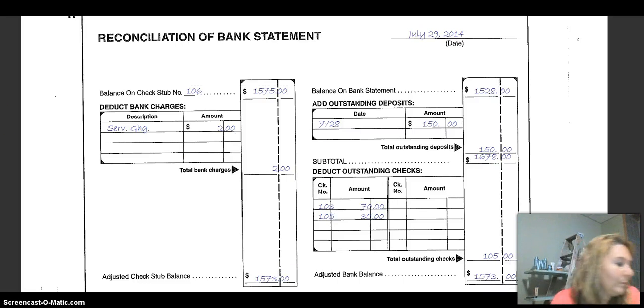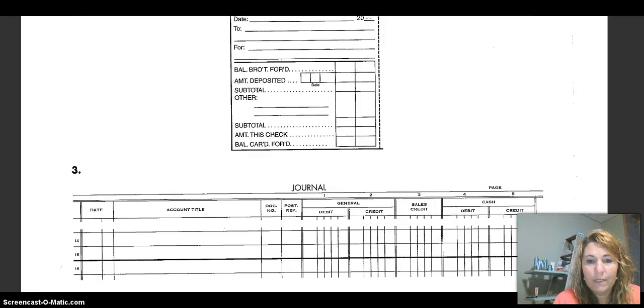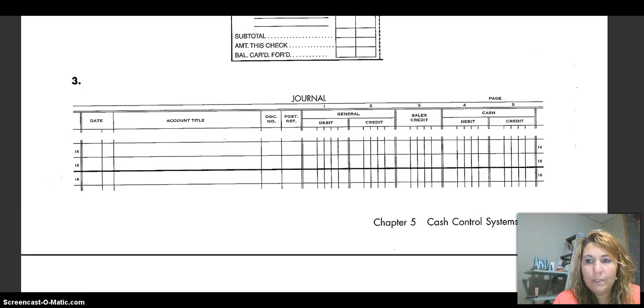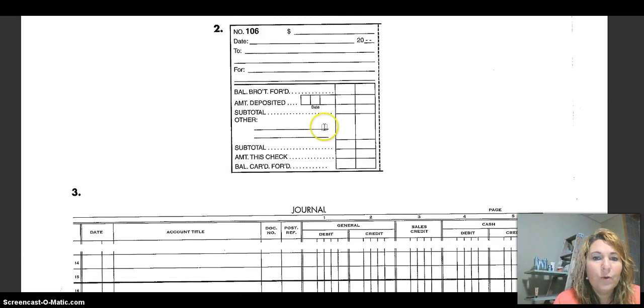Okay. The next one it says is that we need to record this service charge on check stub number 106. So check stub number 106. We need to record our service charge. The balance brought forward on check stub number 106, it says is 1,575. So I need to go ahead and put that here. 1,575.